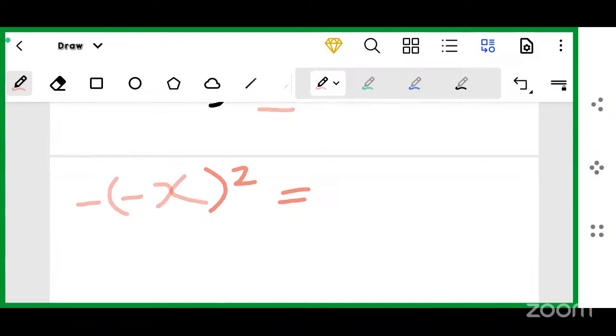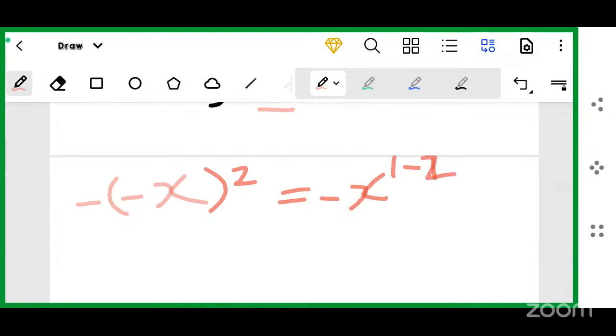We are going to say negative x to the power of 1 minus 2.